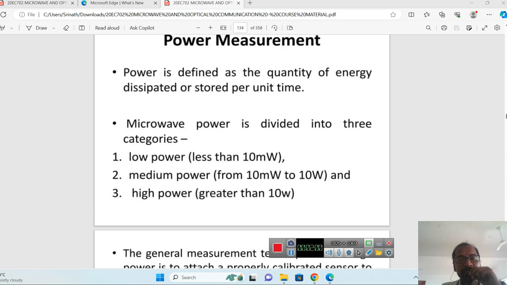High power means greater than 10 watts. Generally, for low power measurement we use diode sensors, for medium power measurement we use the bolometer, and for high power measurement we generally use the calorimetric method to find the power levels.